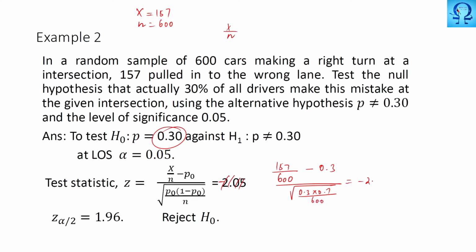This will give you minus 2.05. So if you compare the absolute value of z with your z alpha upon 2, this one is bigger. So we reject the null hypothesis. So by rejecting the null hypothesis, we have to accept the alternate hypothesis that this proportion is not 30 percent.